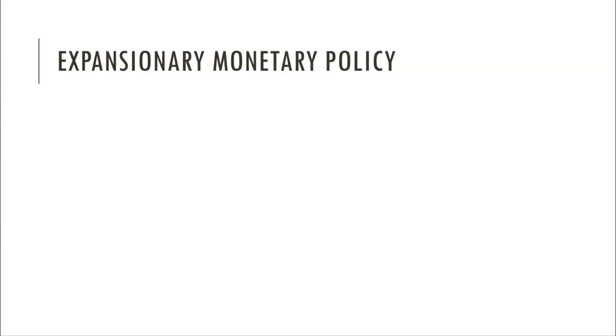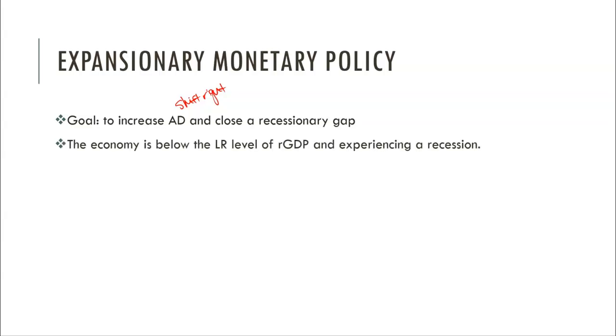So to stimulate the economy, they're going to practice expansionary policies, expansionary monetary policy. The goal is to increase aggregate demand, okay, or shift it to the right, and close that gap. We are trying to produce more stuff, get the economy to increase production. This is going to happen when the economy is below that long run level of real GDP and experiencing a recession.